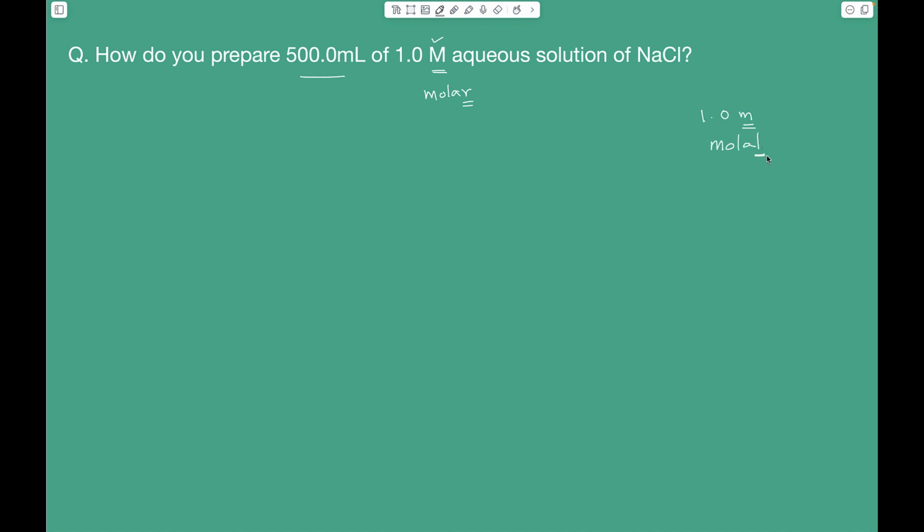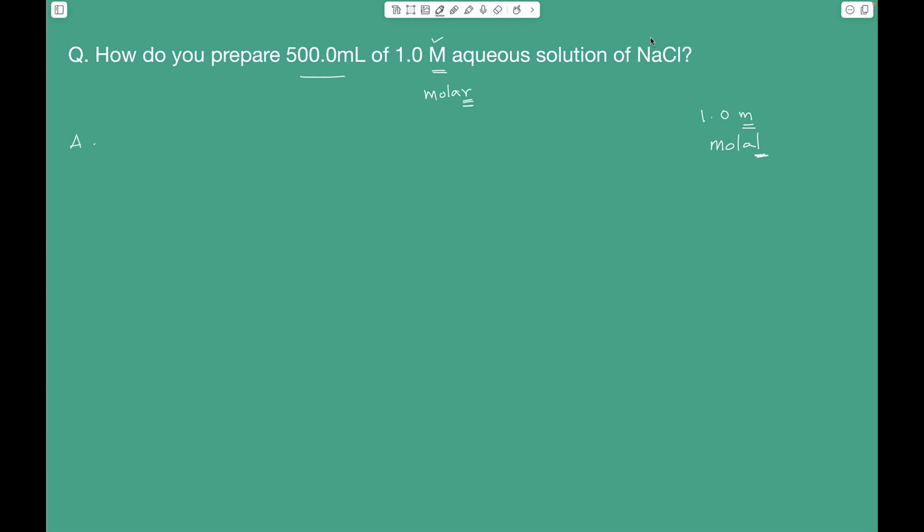Here the last letter is L, but here the last letter is R. 1.0 capital M means 1 molar solution. 1.0 small m means 1 molal solution. Pay attention to that.